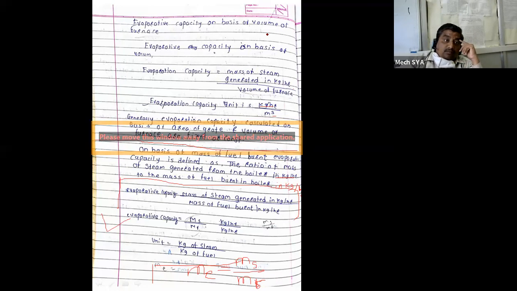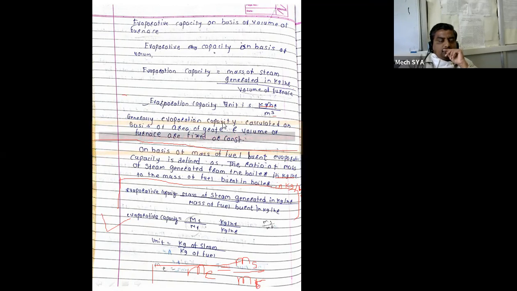Write down evaporative capacity on the basis of volume of furnace, then on the basis of mass of fuel burnt. Asmita is over. Others please reply.